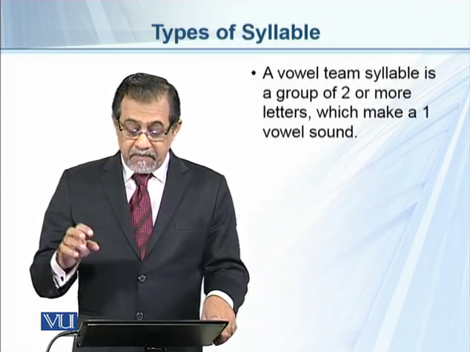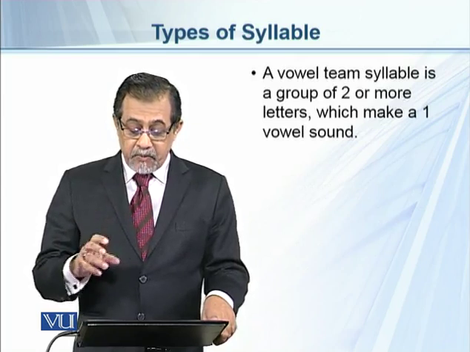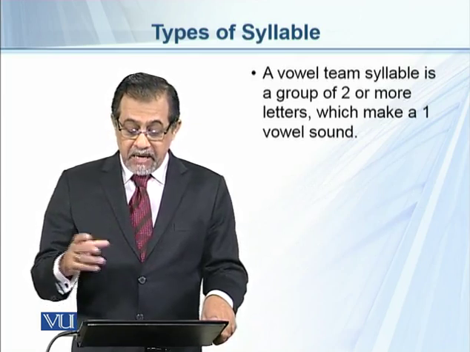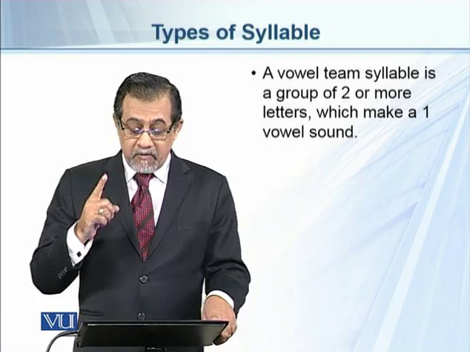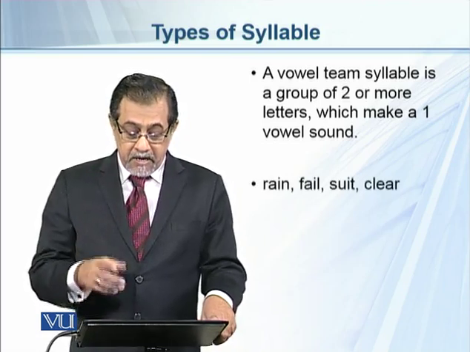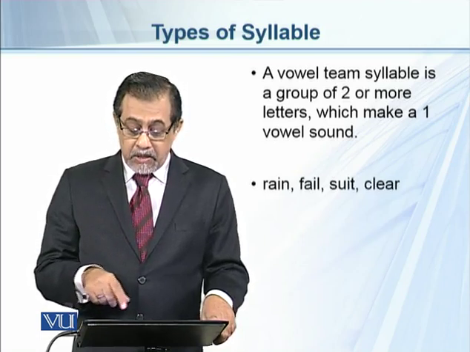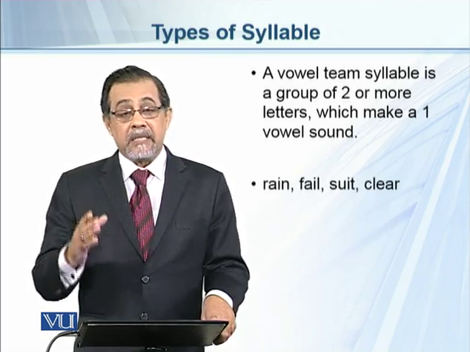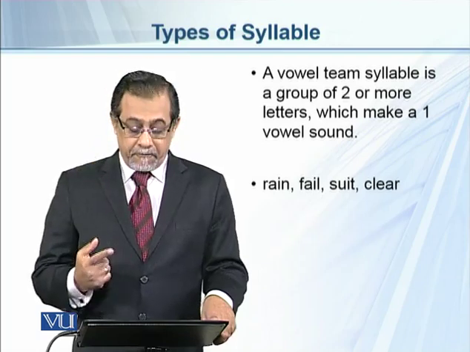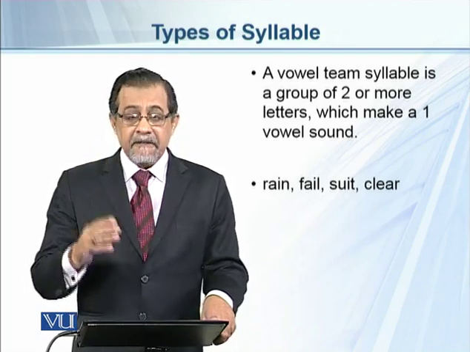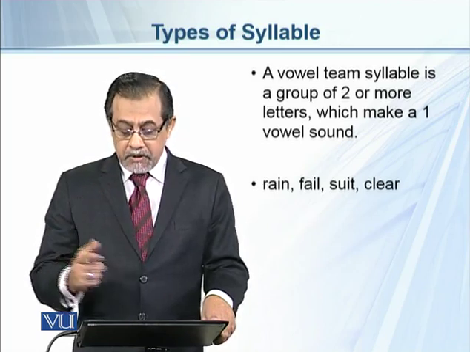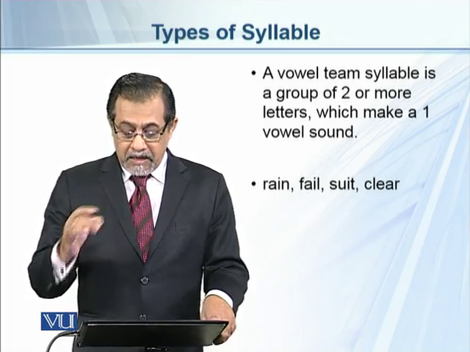A vowel team syllable is a group of two or more letters which make one vowel sound. For example, these words have two vowel letters, but they sound like a single diphthong. Rain, fail, suit, clear.